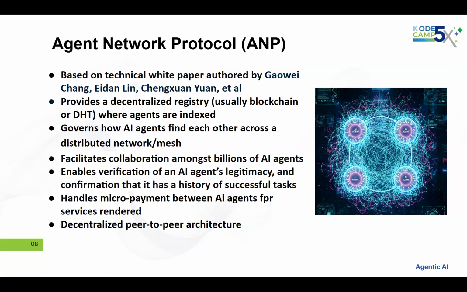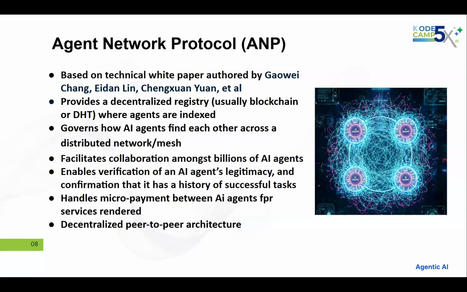If not, then that may not be a reliable agent. But if it has a history of completing tasks successfully, that provides some level of trust and verification of the agents indexed on the registry.